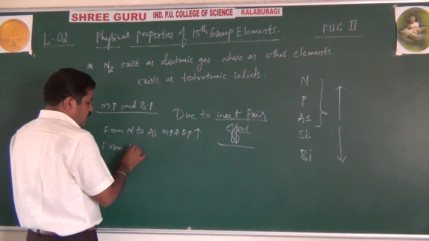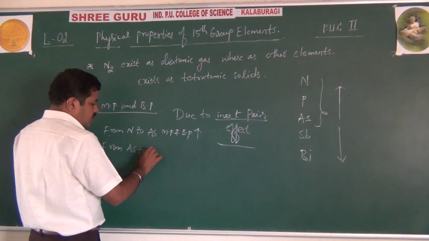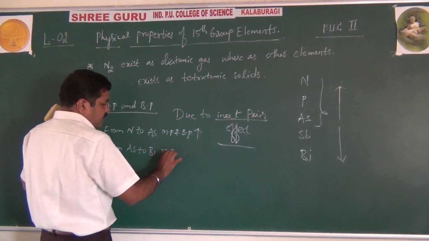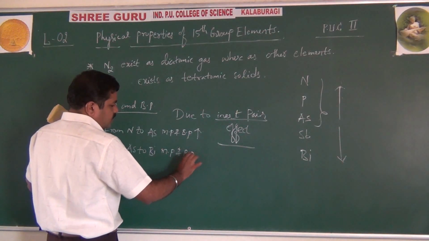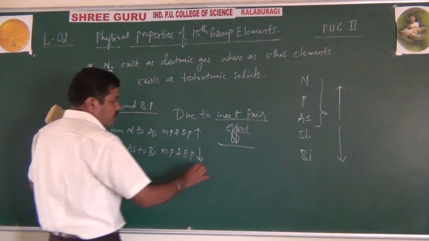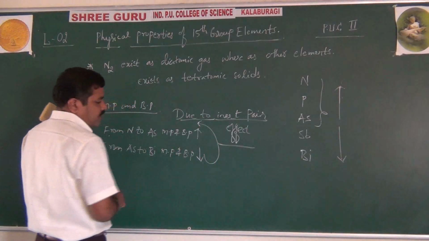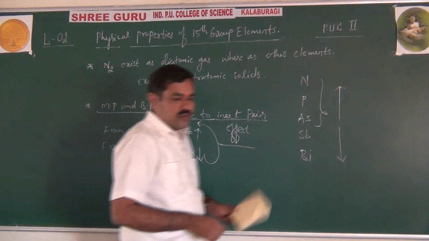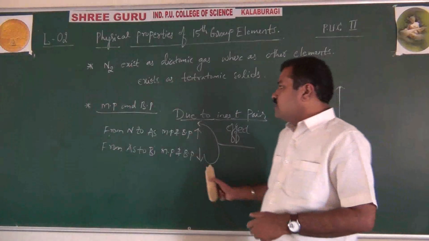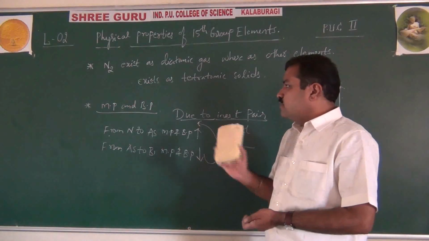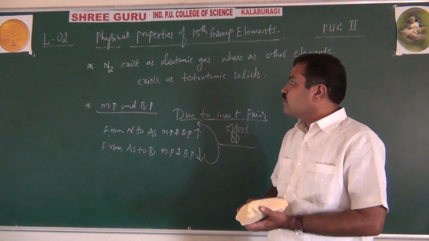From arsenic to bismuth, melting point and boiling point decrease due to the inert pair effect. Remember, I will tell you later what this inert pair effect is. So this is regarding melting point and boiling point.